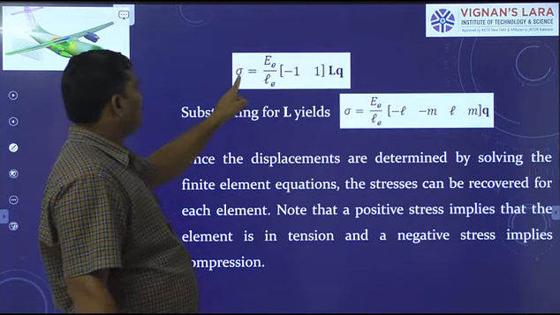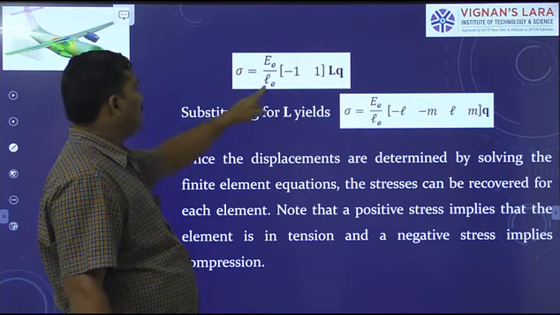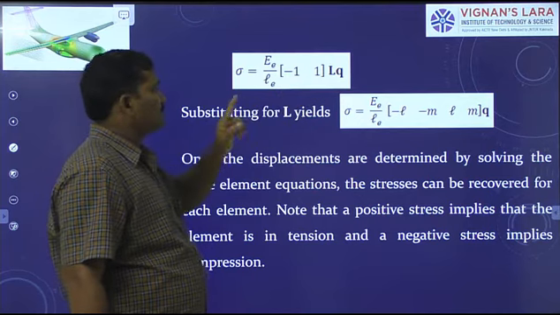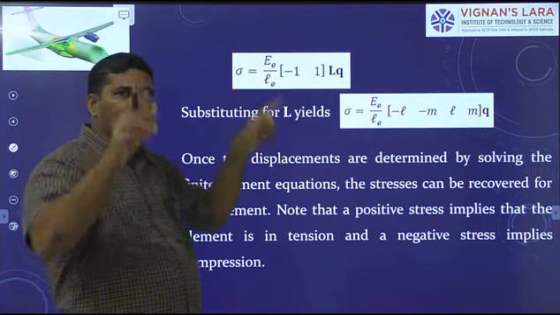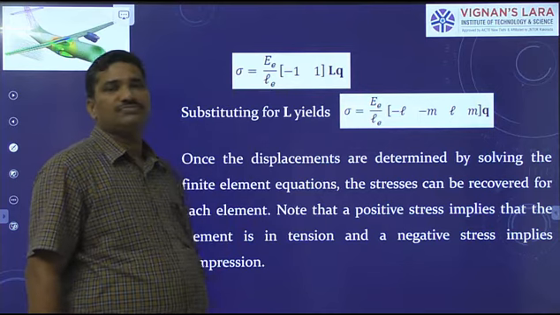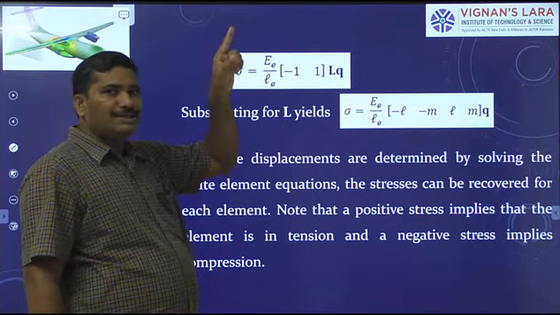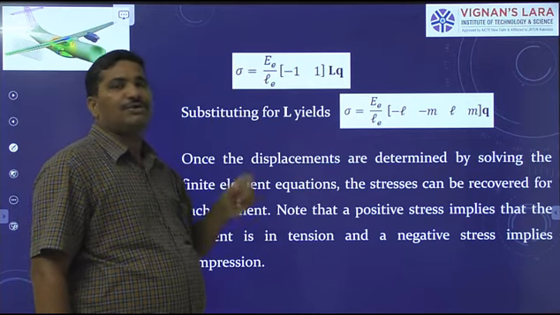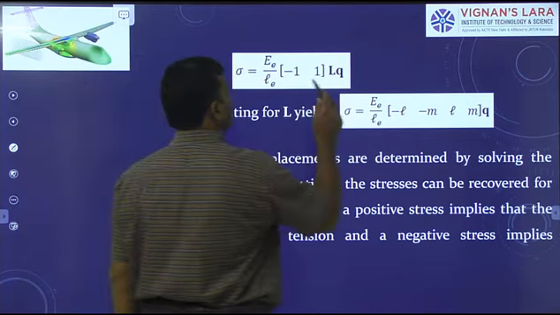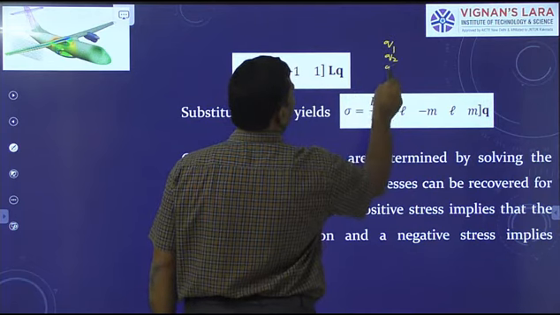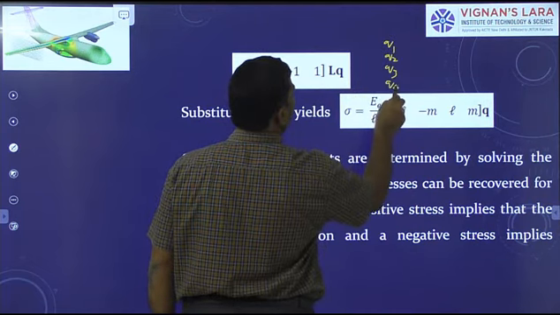So stress in the truss element equals E by LE into a row matrix with the elements minus 1 and plus 1 into L, the transformation matrix. Then multiply it by the displacement vector Q. What are the displacements? Q1, Q2, Q3 and Q4.